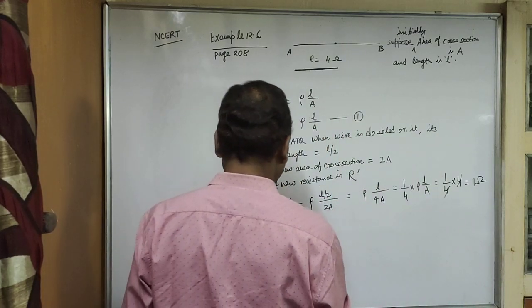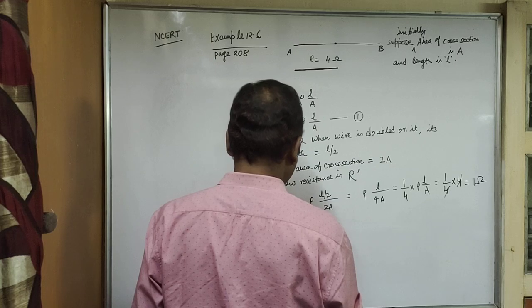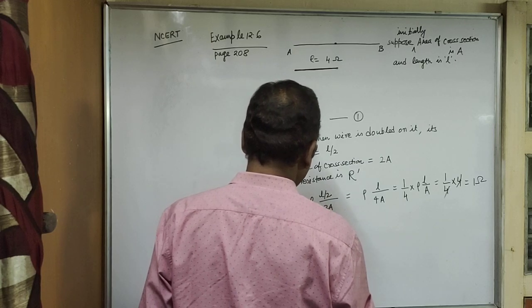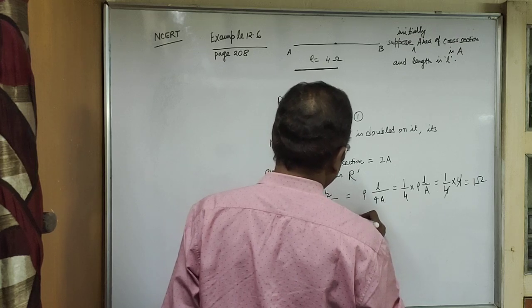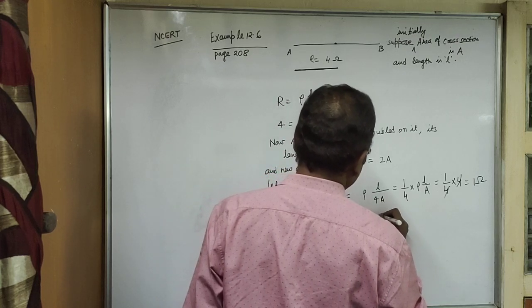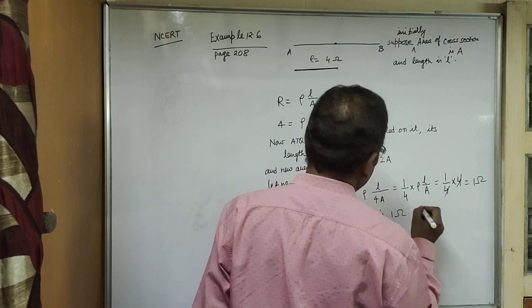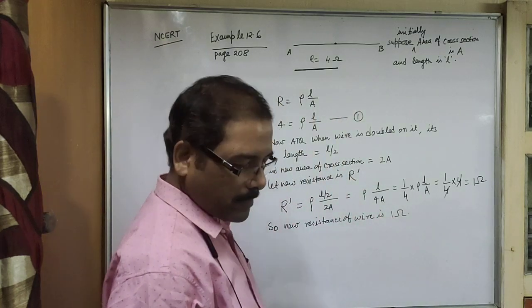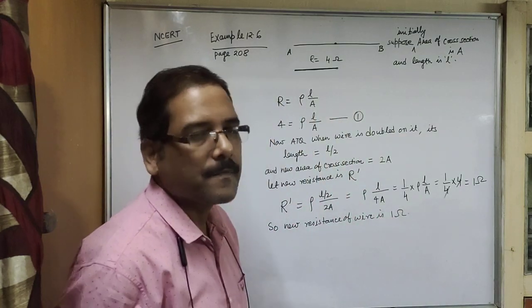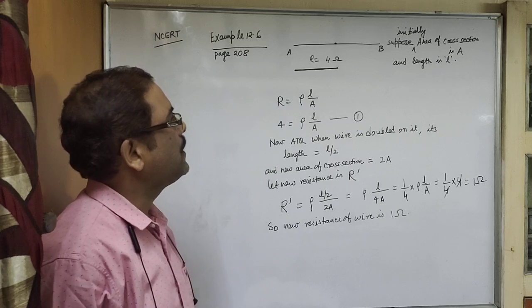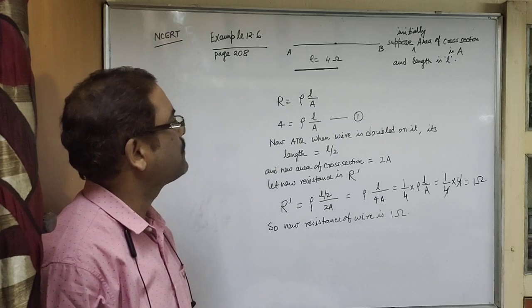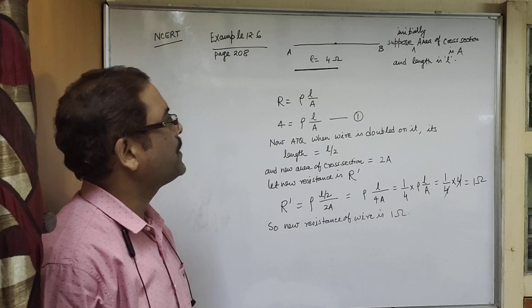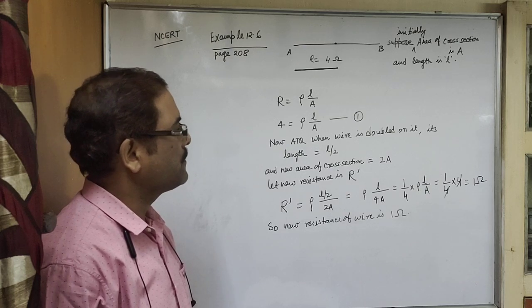So the new resistance of the wire is 1 ohm. I think it is clear to you. Must copy these answers.